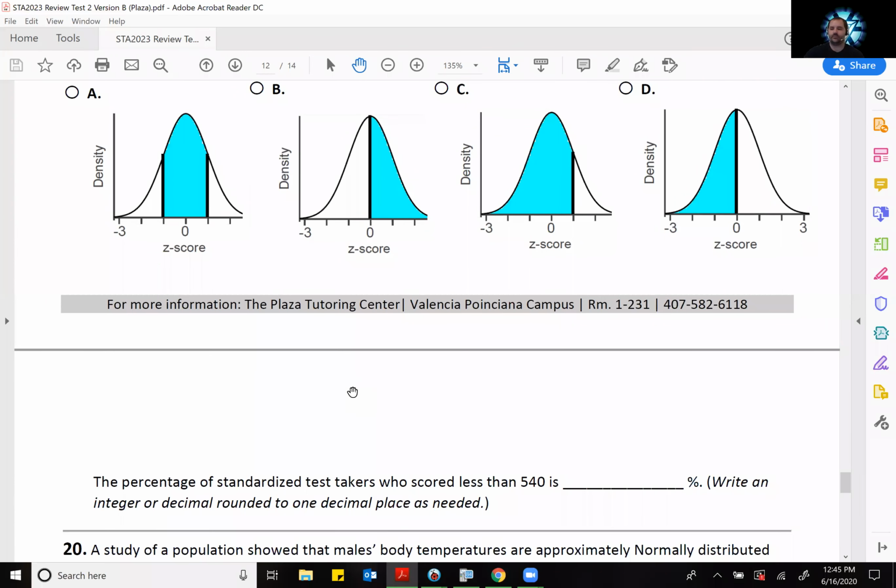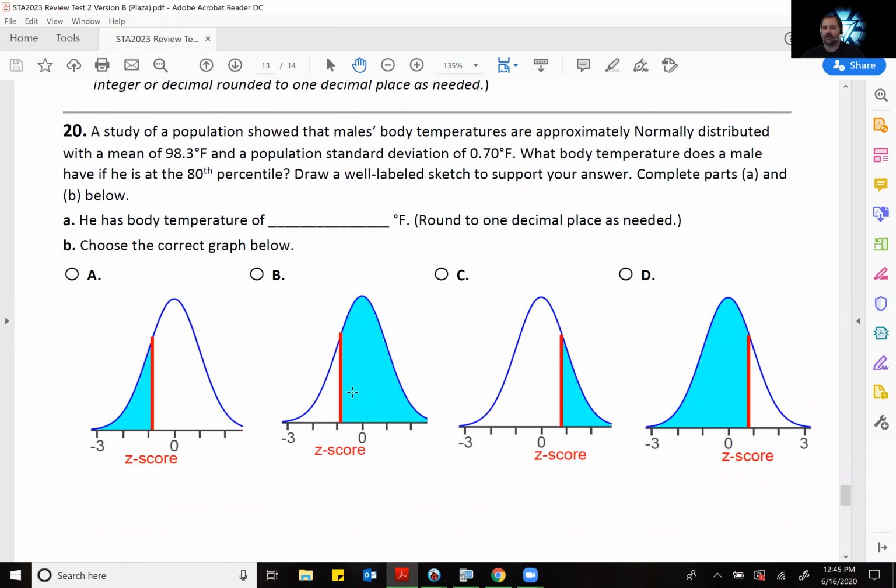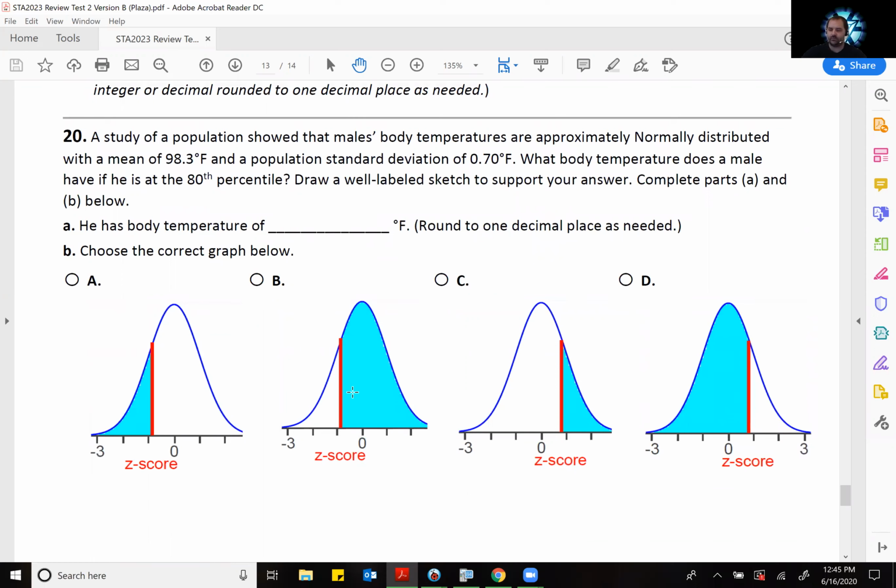All right. There we go. One more. Here it is. Last one, number 20. It says a study of a population showed that male body temperatures are approximately normally distributed with a mean, so there's our mu, of 98.3 and has a standard deviation of 0.70.